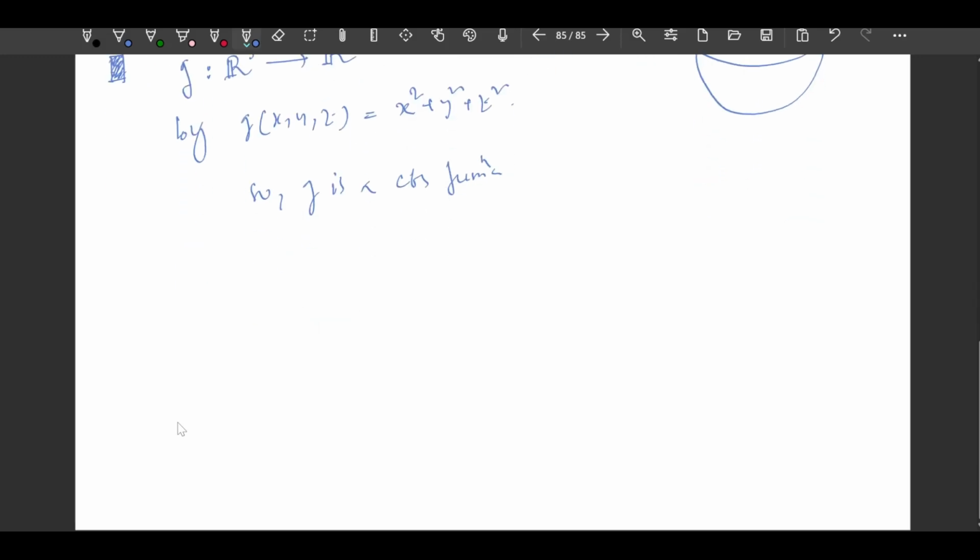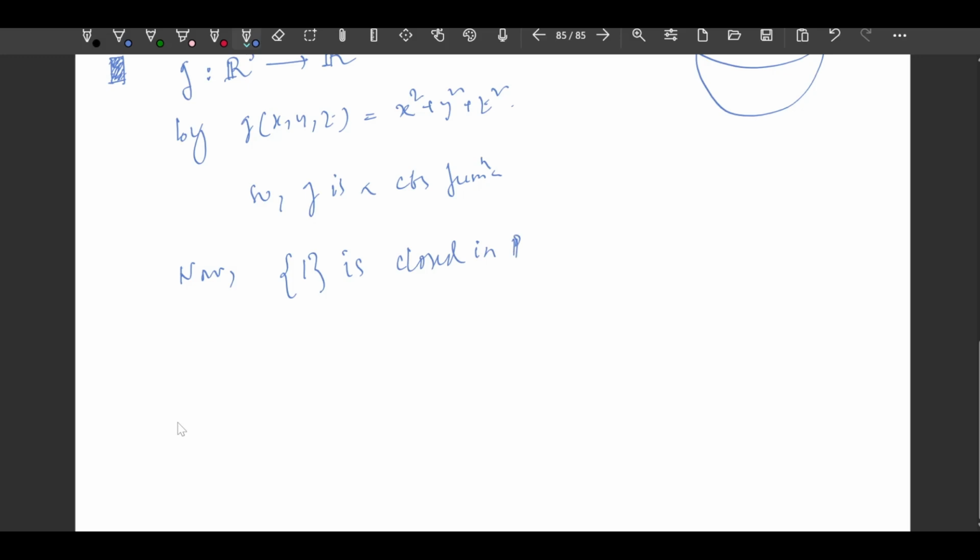Okay. Now notice that the singleton set {1} is closed in R, right? Any singleton set is closed. Now what is the pre-image under g of the singleton set, g inverse of singleton set {1}?